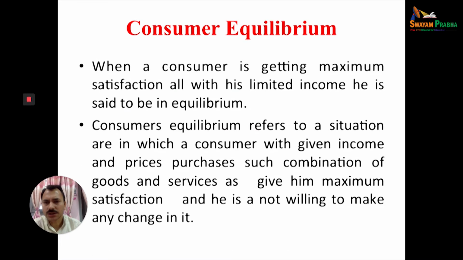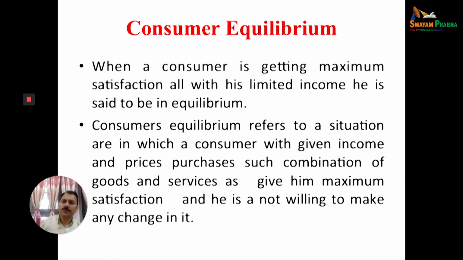Now let us discuss the consumer equilibrium. When a consumer is getting maximum satisfaction with his limited income, he is said to be in equilibrium. He is in an equilibrium position.